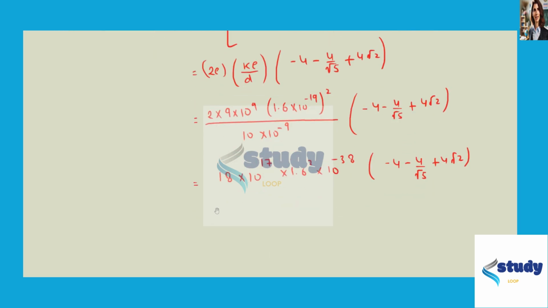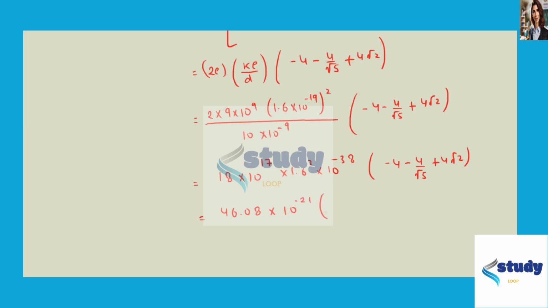So let me grab my calculator and let's find these values. 1.6 squared times 18 is 46.08, times 10 raised to 17 minus 38, which is minus 21.